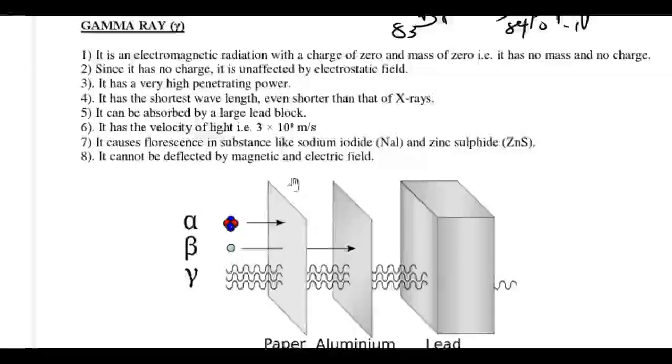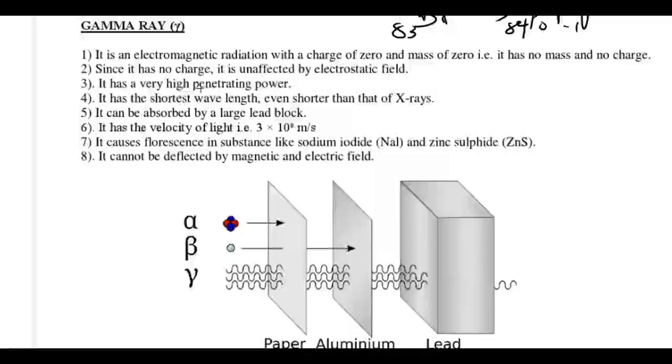Now, the first thing to know about gamma ray is that it is an electromagnetic radiation with a charge of 0 and mass of 0. So, as far as gamma ray is concerned, it has no mass and it has no charge. Since it has no charge, it is unaffected by electrostatic field.